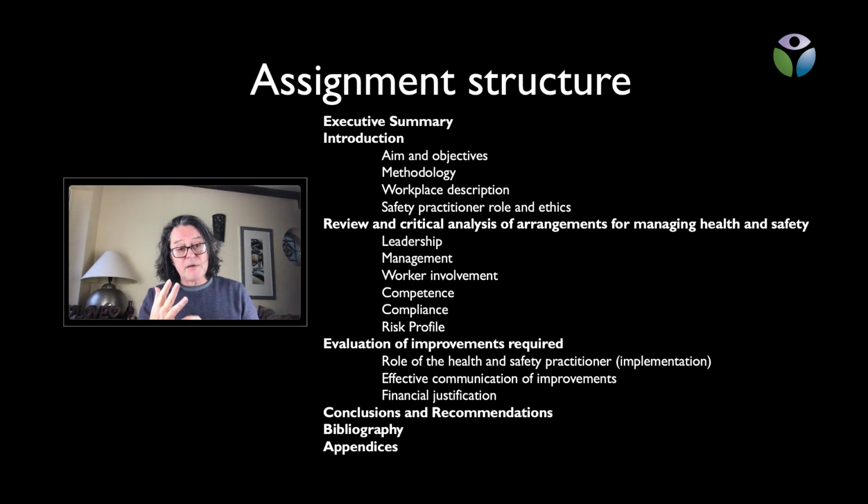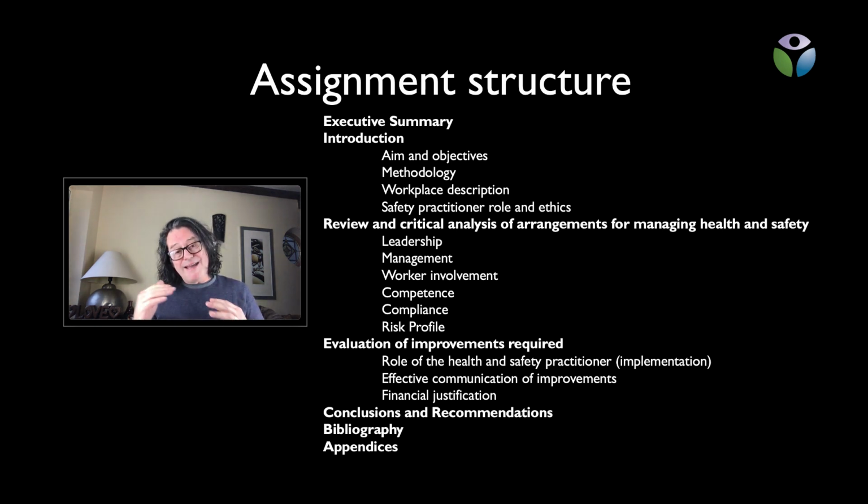So you need to be able to, on the basis of the information that you've gathered, critically analyse your leadership, critically analyse management, critically analyse the opportunities for worker involvement, critically analyse your competency profiles, critically analyse your compliance with legislation, standards, conventions, etc. And out of all of these areas, it's your risk profile that will actually attract most of the marks. Again, it will be very much a critical appraisal.